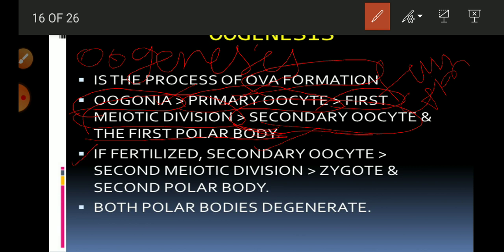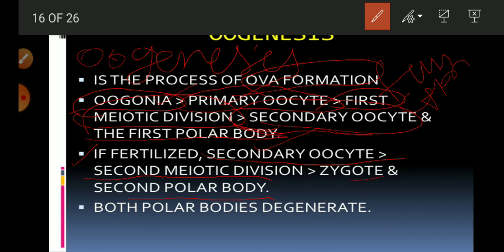If fertilization is done, then the secondary oocyte goes into the next meiotic division, and the second polar body is formed soon after the fertilization.